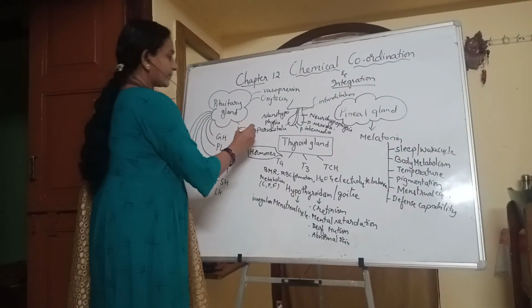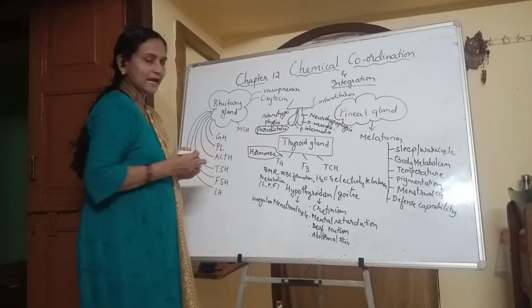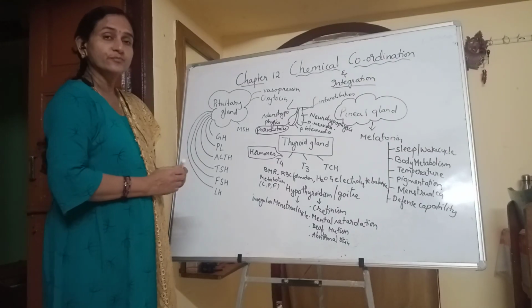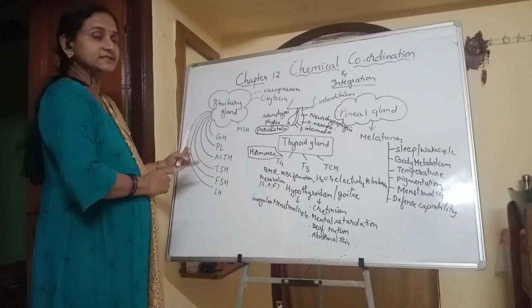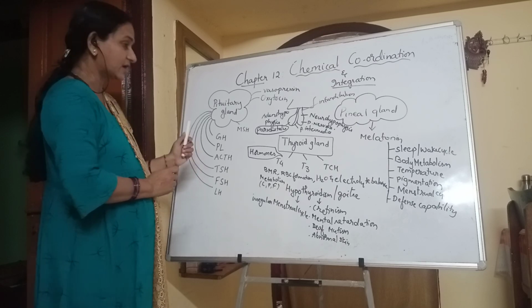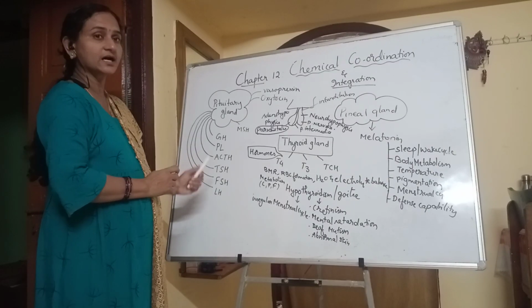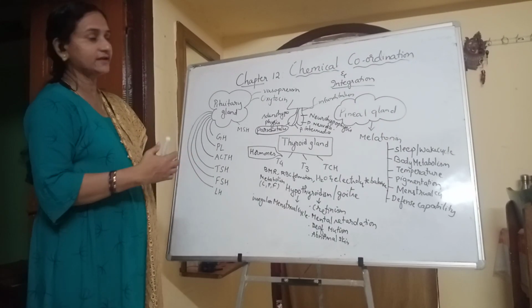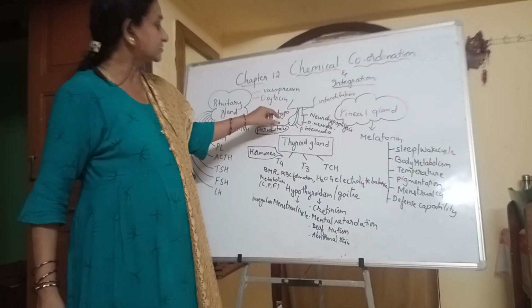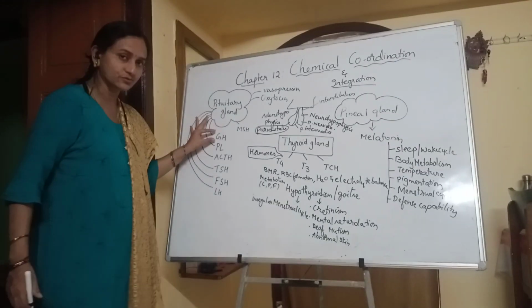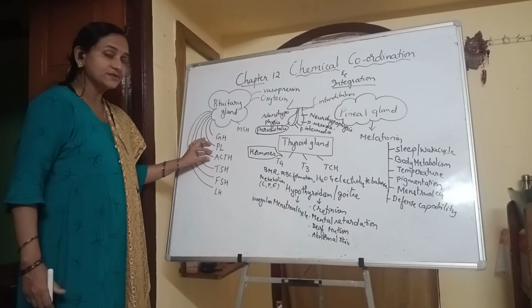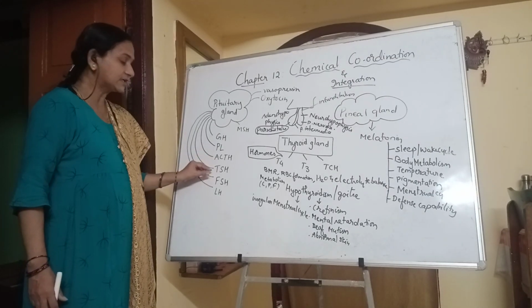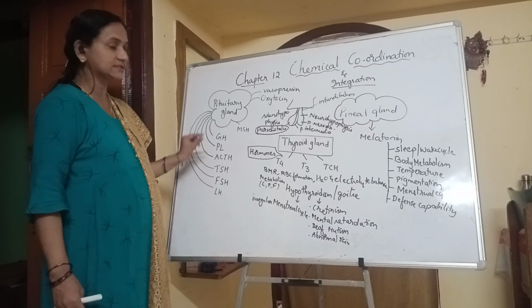The pars distalis, also called the anterior pituitary gland, secretes hormones such as growth hormone (GH), prolactin (PL), adrenocorticotropic hormone (ACTH), thyroid stimulating hormone, follicle stimulating hormone, and luteinizing hormone.